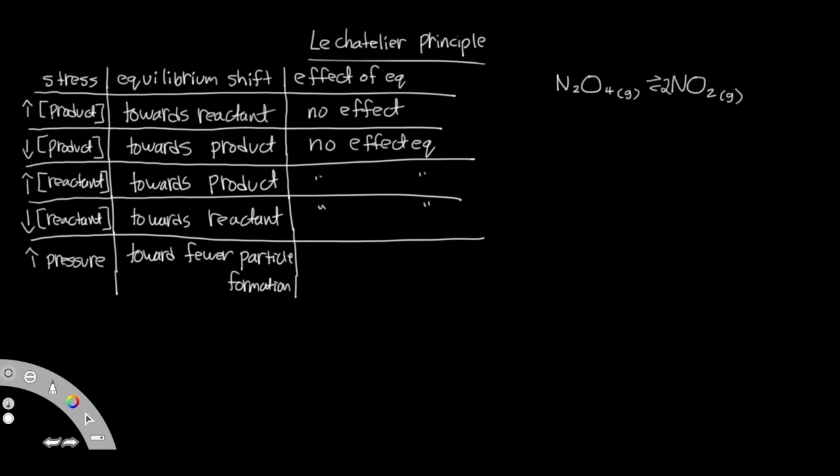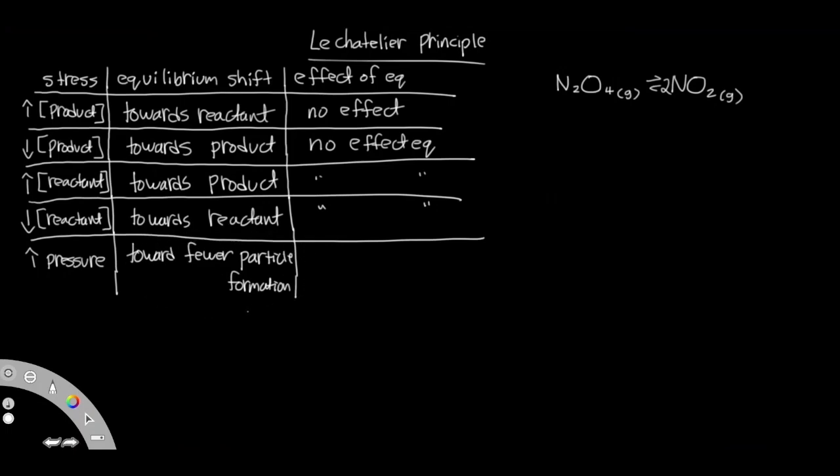It wants to go to an area to alleviate that stress, to alleviate all that pressure. So how are we going to alleviate that stress? We got to go towards an area where there is less of them.